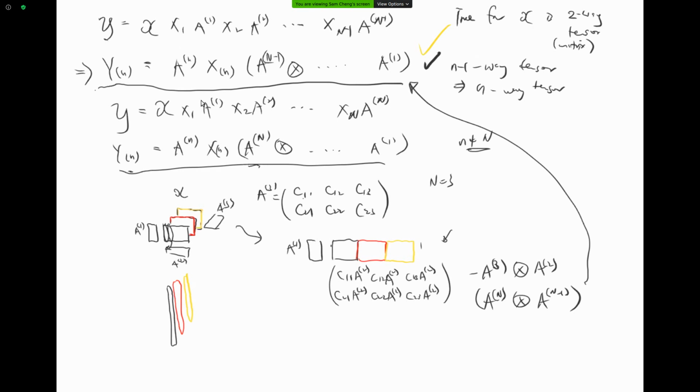Just make sure that if we merge like that, the corresponding matrix will change from, let's say, A1 to A1 Khatri-Rao A2, something like that.